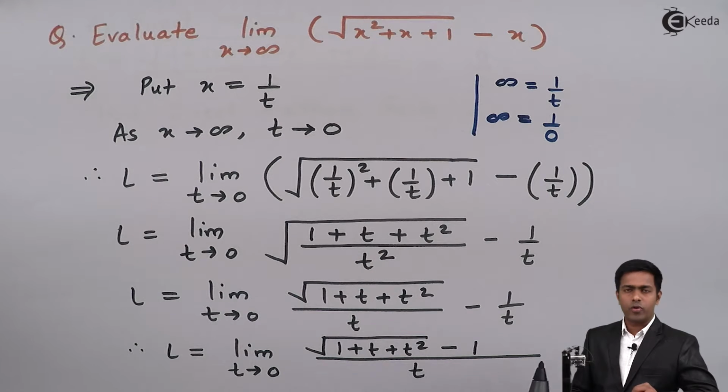Whenever we have a square root, to remove it we apply the method of rationalization, where we multiply the numerator and the denominator with the conjugate of the term. So here I will take the conjugate of this numerator and multiply the numerator as well as the denominator with it.